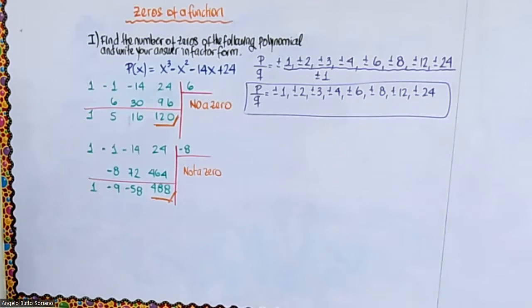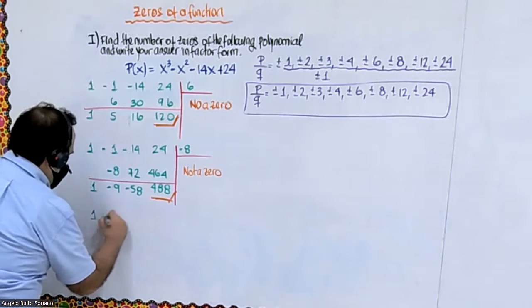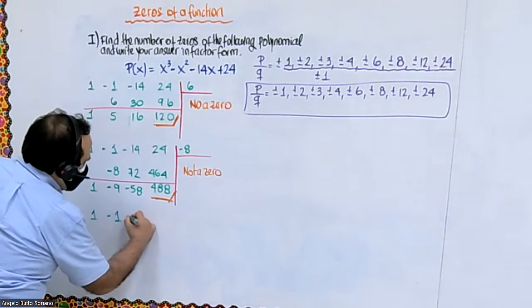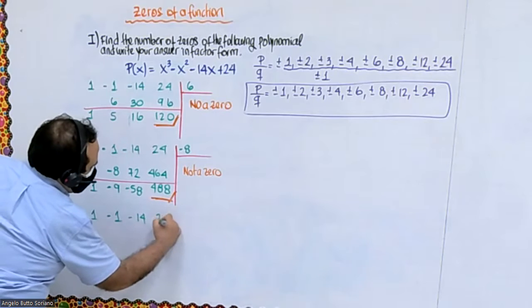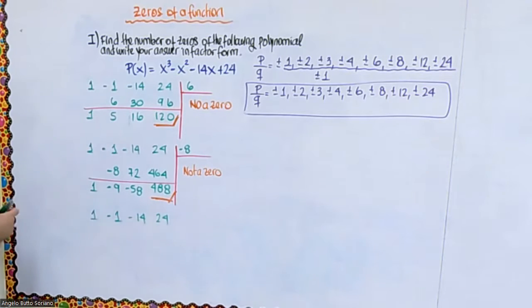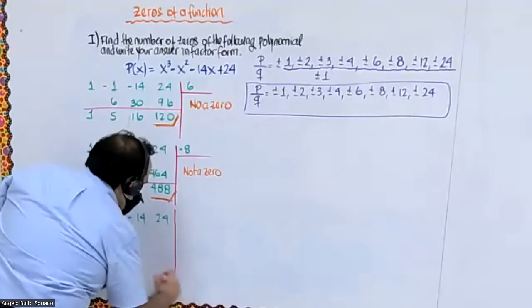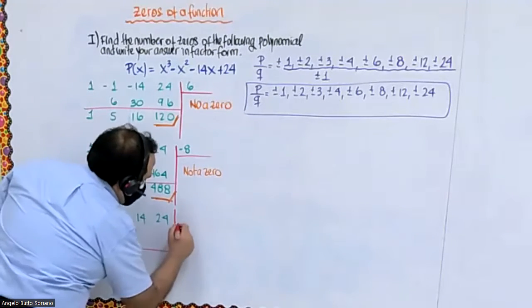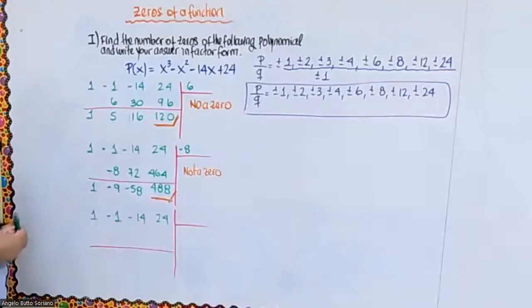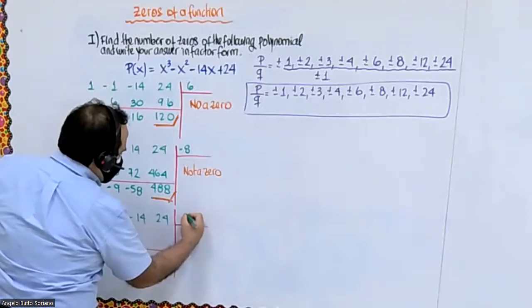Let's see what happened. 1, negative 1, negative 14, 24. I told you already, this is not a difficult topic, but it's a tedious topic.